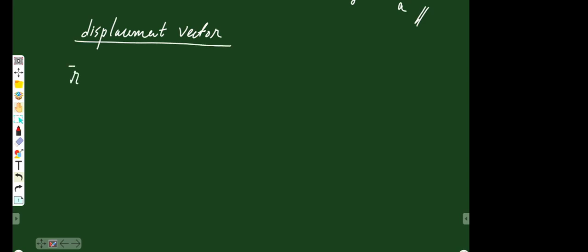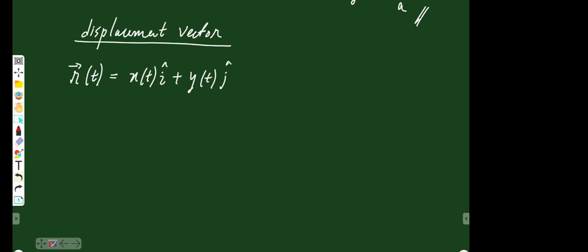Displacement vector is r of t. Okay, so displacement vector is r of t. This, right? Right, this is your displacement vector, right?